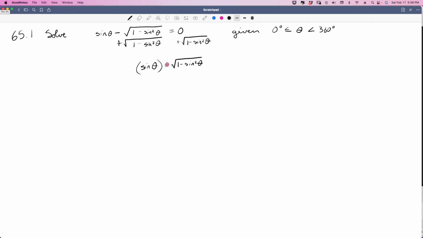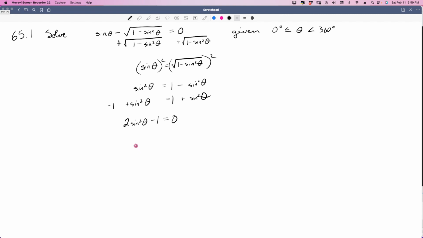So now I square both sides, and I get the sine squared of theta is equal to 1 minus the sine squared of theta. And now I can reverse the process. Now that I have some whole numbers to work with, I can subtract the 1 and add the sine term to both sides and bring it all back and set it equal to 0, which will allow me to then factor it. So I'm going to do that now.